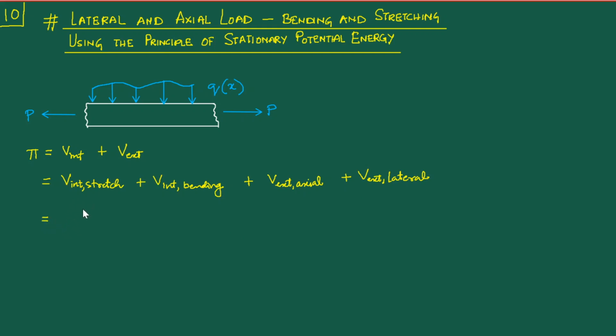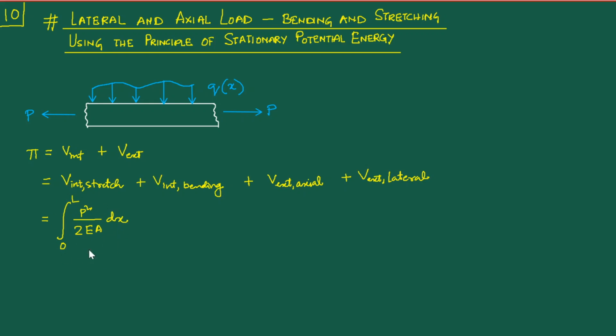The V internal stretching is given by an expression which I had mentioned in the context of discussing Castigliano's theorem on deflections in the previous chapter. So I request you to refer to that. So for a beam like this, where the axial load is given by this P, E is the Young's modulus, and A is the cross-sectional area of the beam.